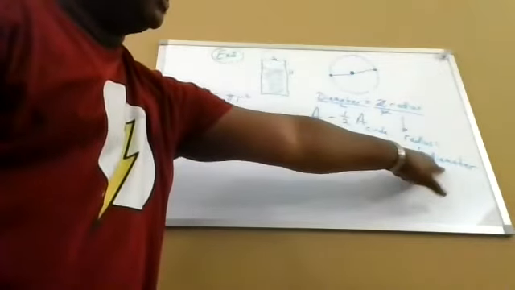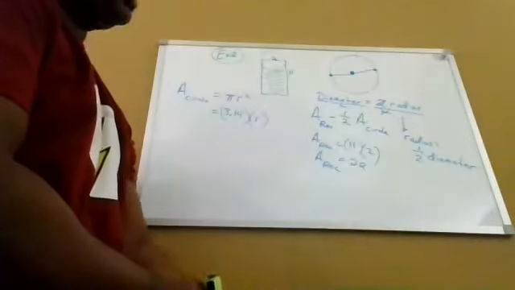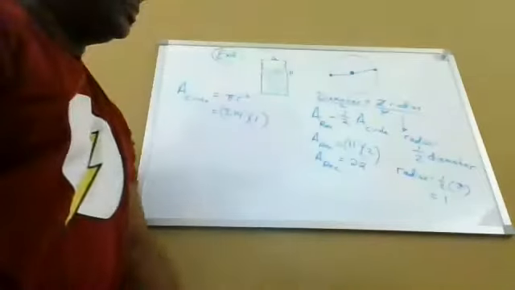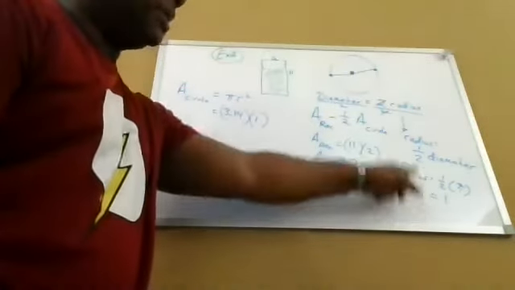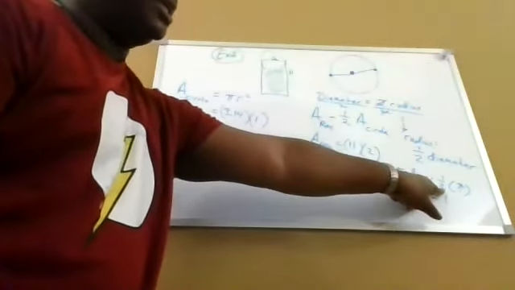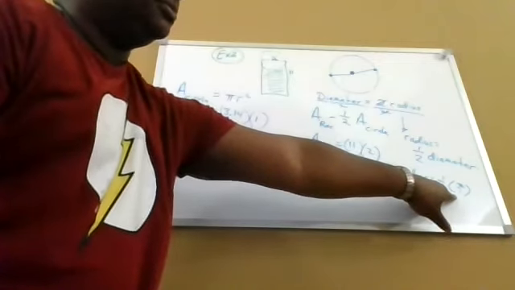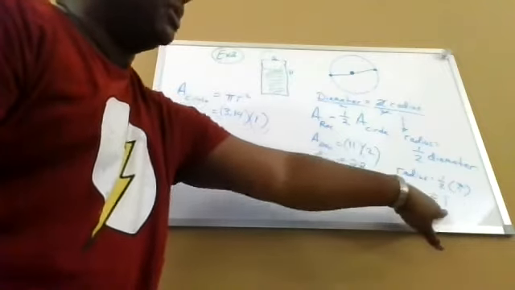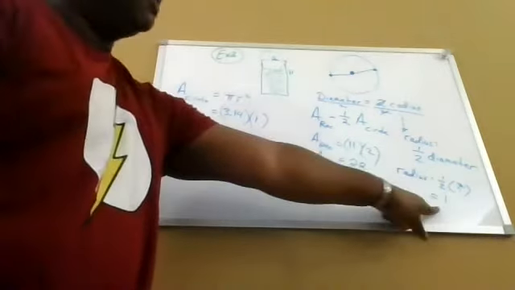So now when I substitute 2 in for my diameter, I'll get a radius equal to 1. And I got the radius equals 1 because 1/2 times 2, and even 2 written as a fraction, 2 over 1, 1/2 times 2 gives me 1. So 1 is my radius.